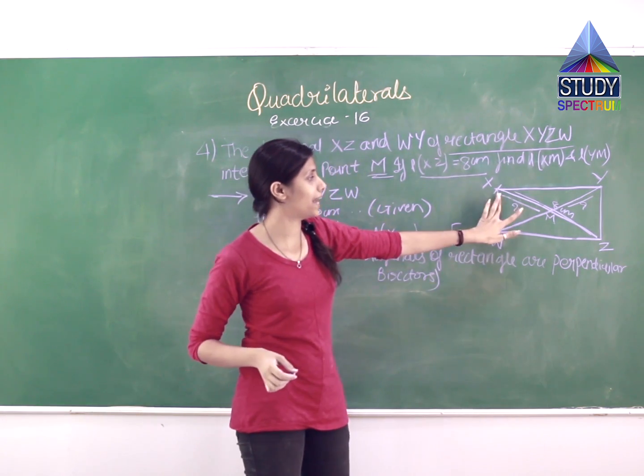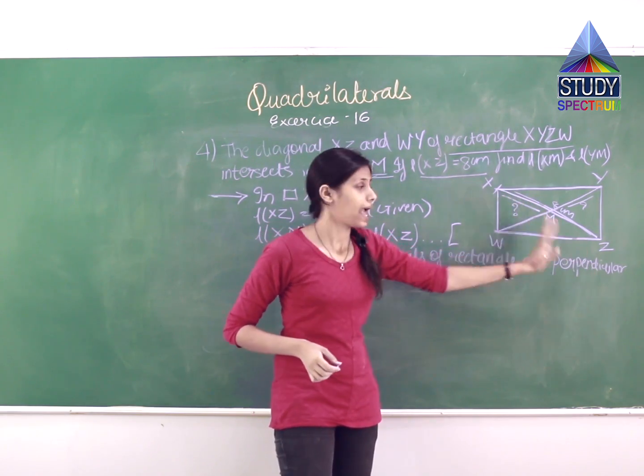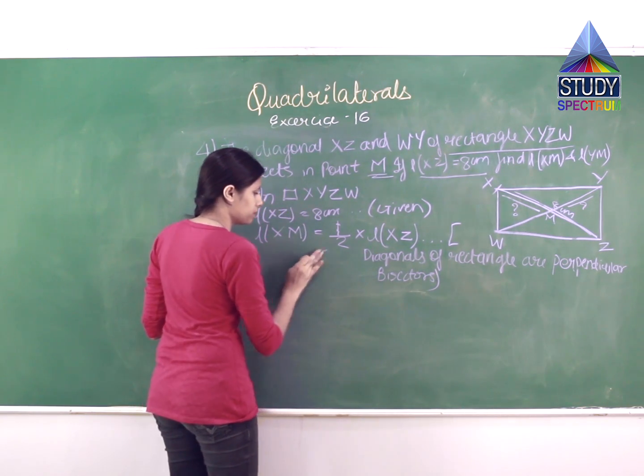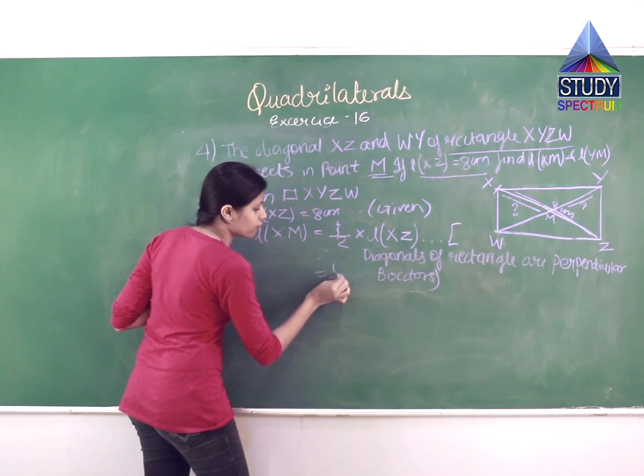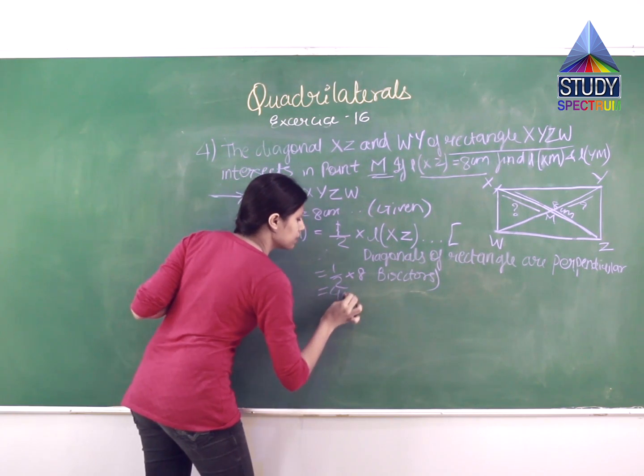So what will be the length of XM? If 8 centimeter is the length of XZ, XM will be half of 8. So you have to write that only, which is equal to half of 8, which is 4 centimeter.